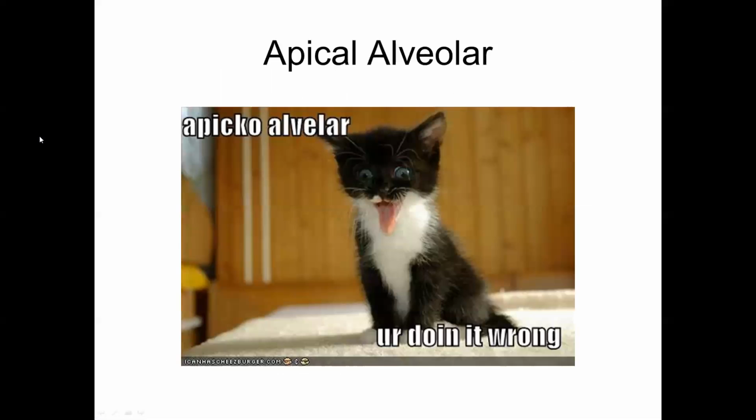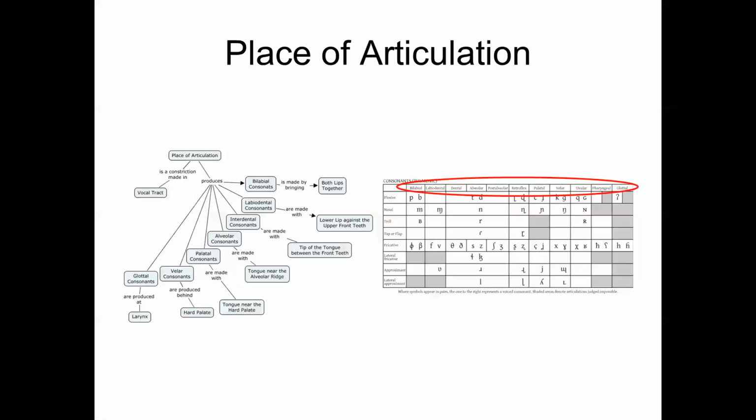That little tongue tip should be up touching the area behind the front teeth. So if we want to be really specific about sounds, we can say, oh no, that should be an apical alveolar. And if you are well versed in phonetics, you should know exactly what that means.